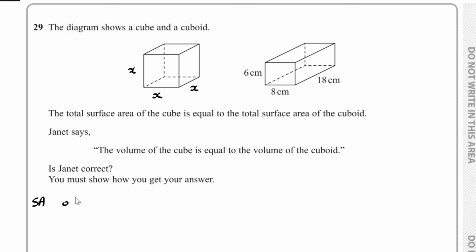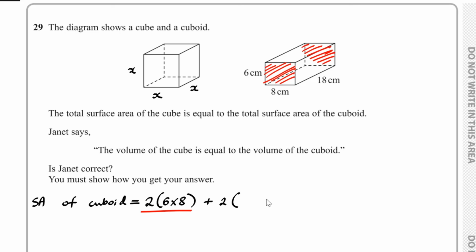So the surface area of the cuboid, that's equal to, well, here we have 2 times 6 times 8. So this 6 times 8 gives this and this over here. And then we also have 2 times 8 times 18.